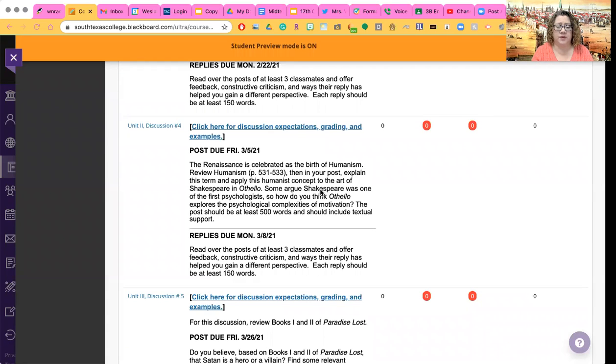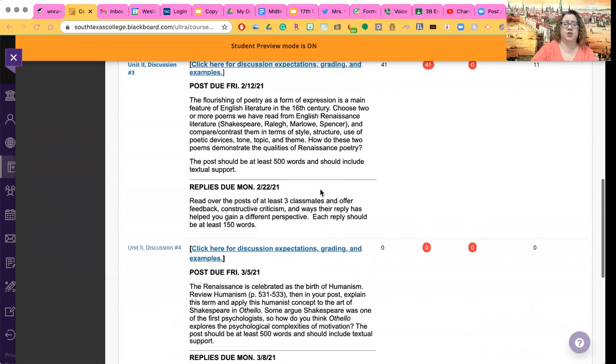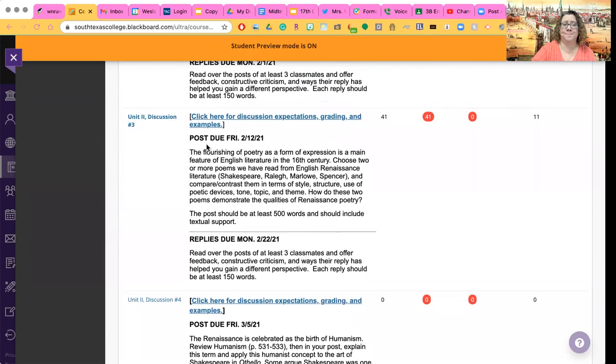Same length, all of them are the same length, and then your replies are due on Monday. If you finished discussion 3 after last Wednesday, then I will be doing those grades tomorrow. Lots of people had submitted the post, but I was waiting until everybody was able to finish the replies to go ahead and give the grade.